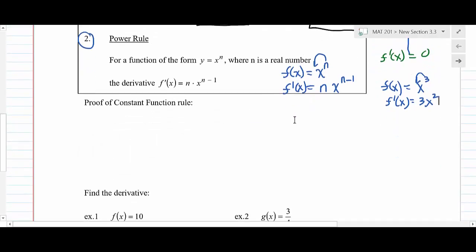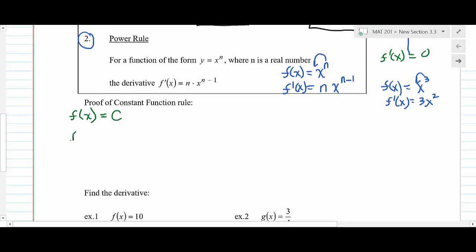Okay, I'm going to prove the constant function rule. I'm going to do a couple of proofs. So let's just write down f of x equals c. c is going to represent a constant. I'm going to prove to you the derivative is 0. It's obvious that it's 0, but let's prove it. If you're proving these things, you always go back to the difference quotient, the definition of a limit.